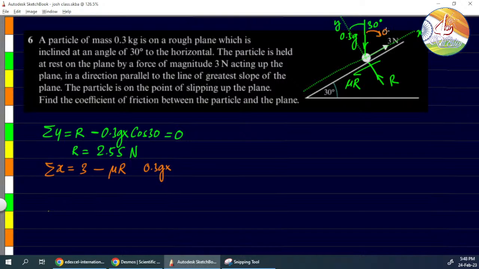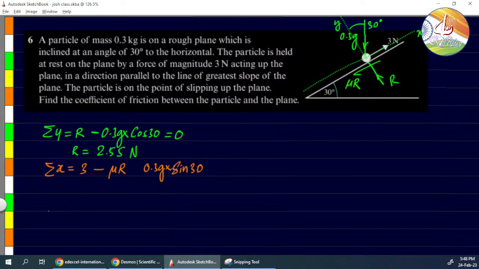This one is going opposite now. Opposite means sine or cos? It's sine now. Sine. This is the force, and force times sine 30 will give us the horizontal x component.